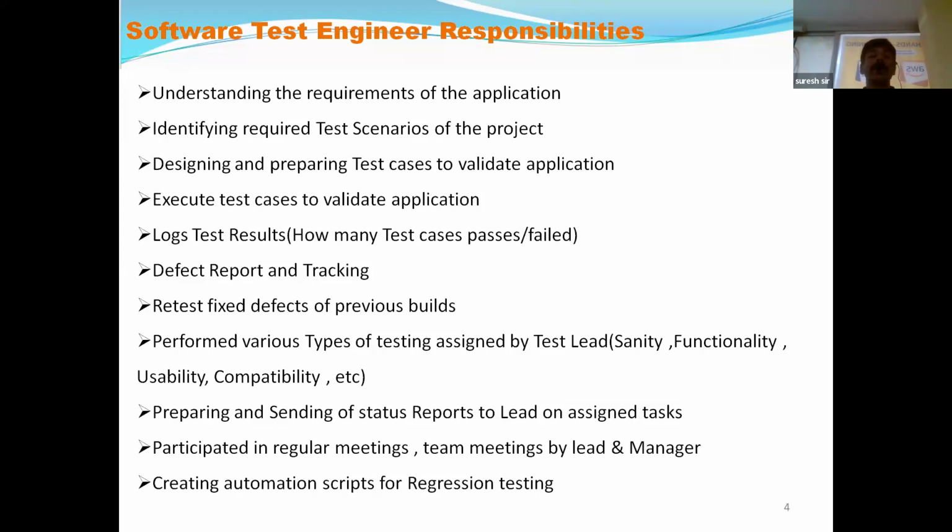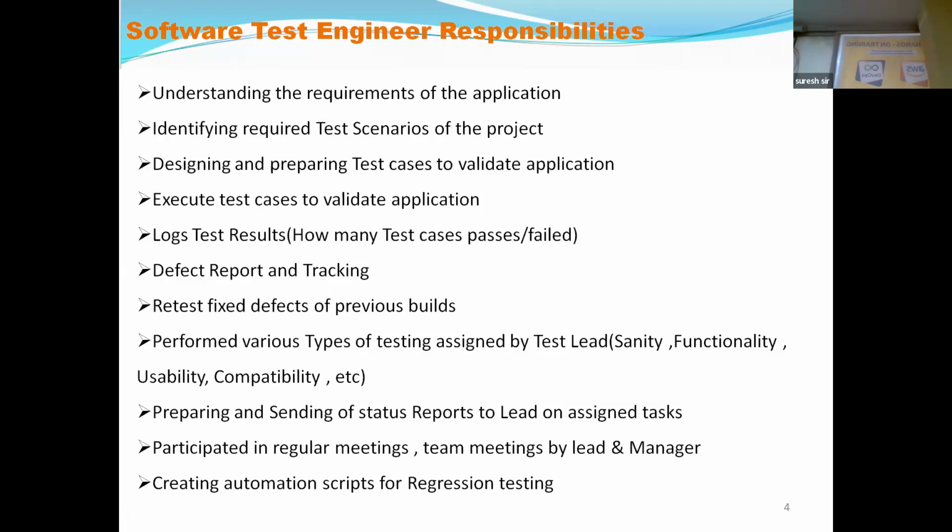It's not just doing the bug reporting or defect reporting. We need to do bug reporting, then tracking, and then retesting. So as a tester, we find the respective bugs by executing the test cases. While executing, we see how many passed and how many failed.